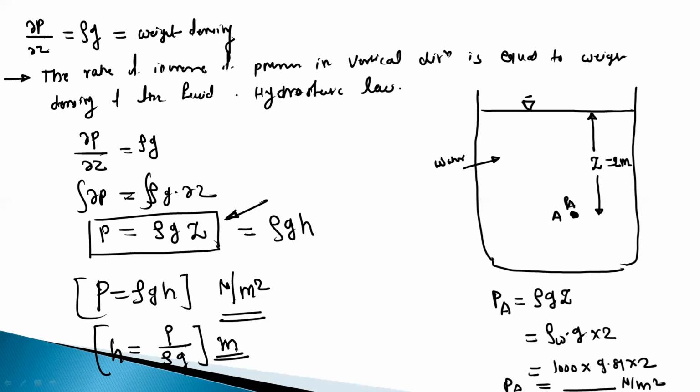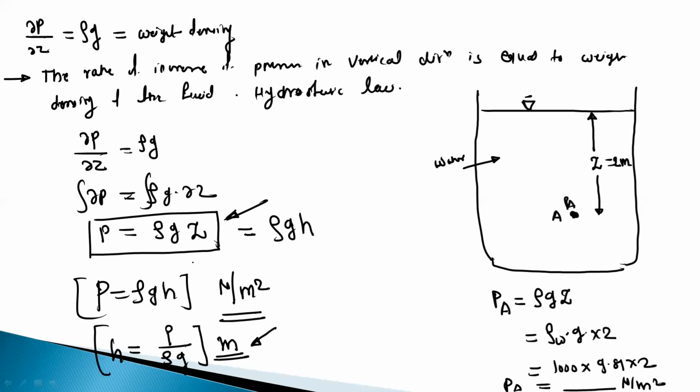So when you measure the pressure by using the U-tube manometer or the piezometer, then sometimes pressure is given as a meter, that is the height of the liquid column. So in that case, pressure is expressed in terms of meter only.